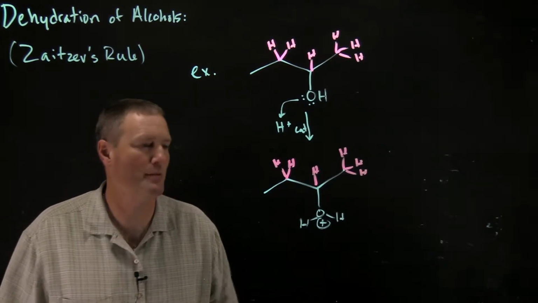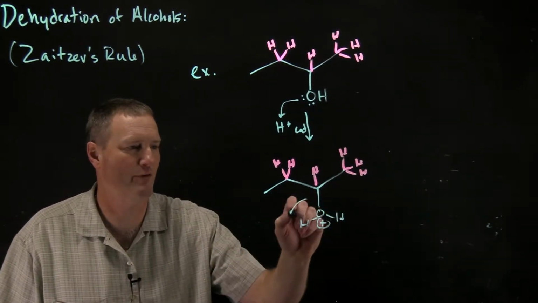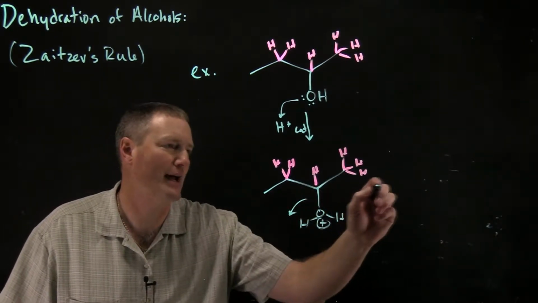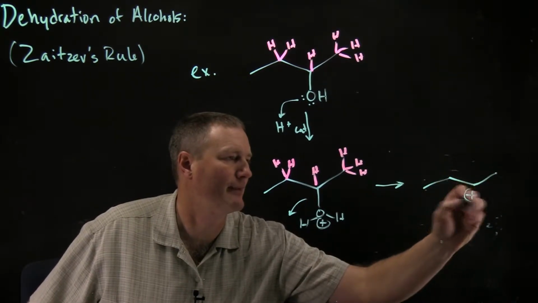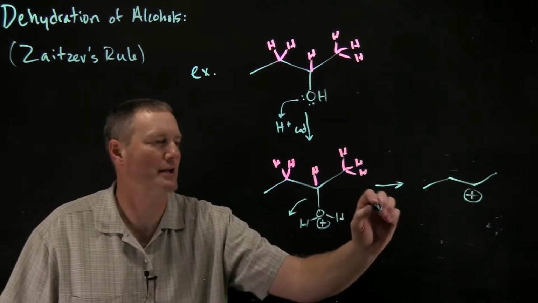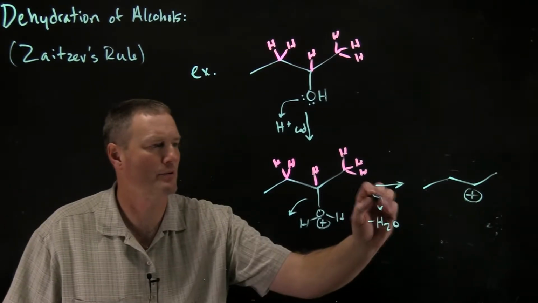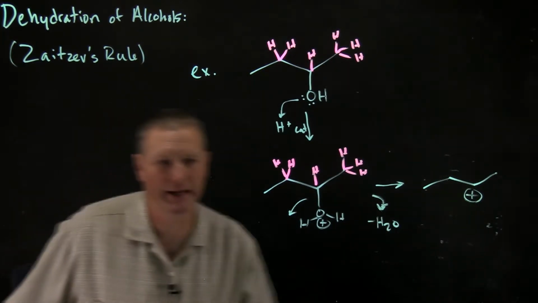So like we saw before, now we've got this sort of water-looking molecule that can essentially fall off. And what that's going to do is generate the carbocation intermediate. Water is going to come off right there, and we get this carbocation intermediate.